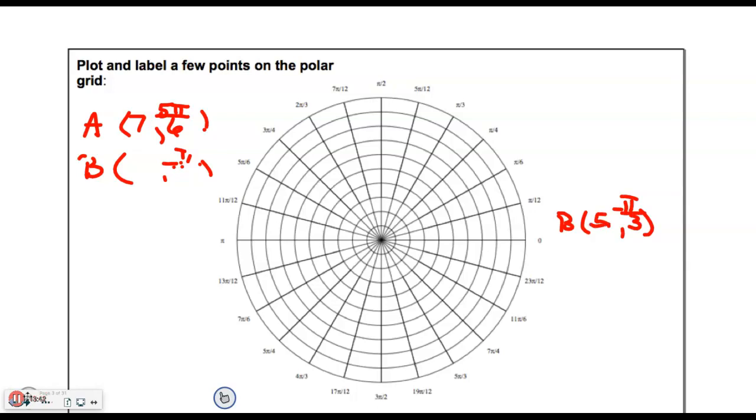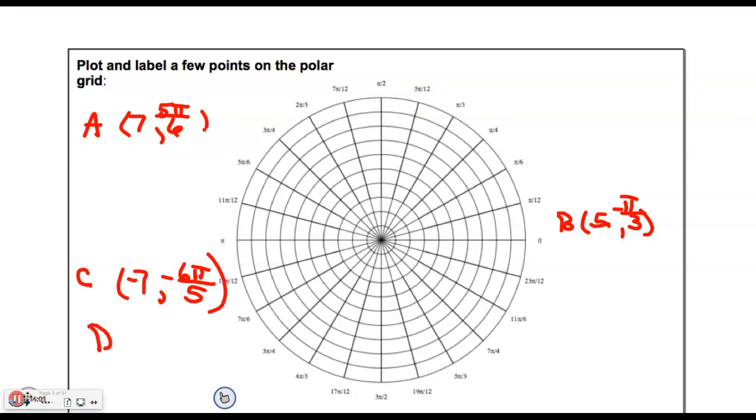Let's put C. Let's go negative 6 pi over 5, and let's go back 7, just so you can see the difference between A and C. And then for D, let's put that one at pi over 2, negative 4.